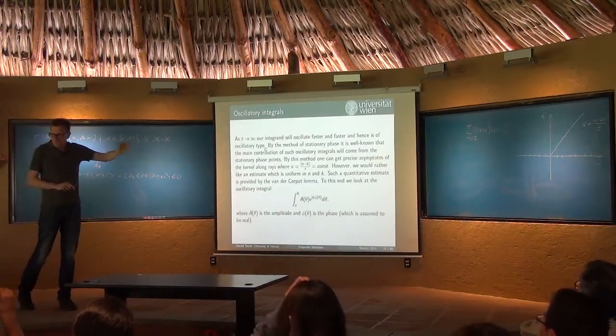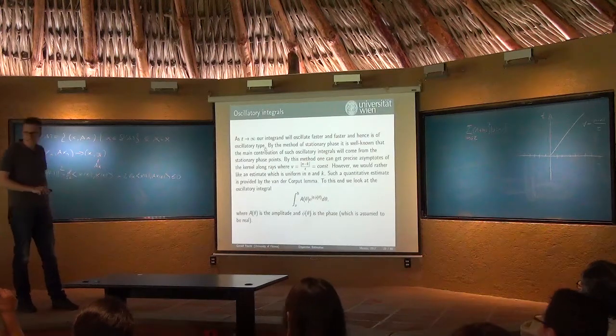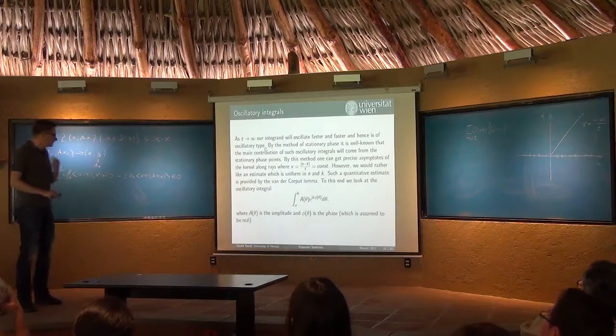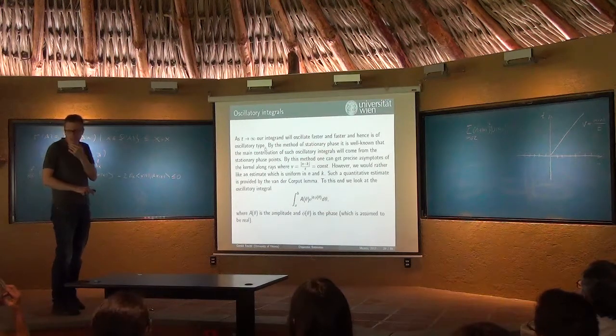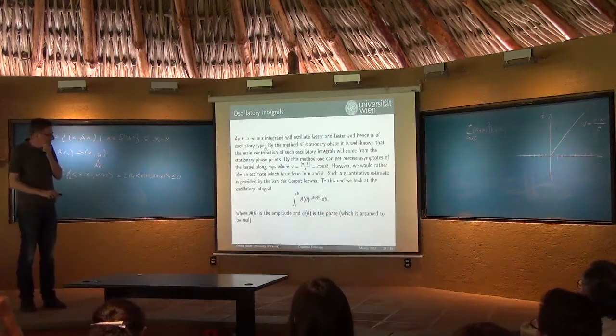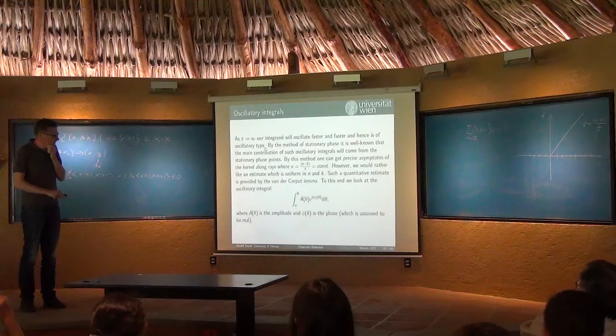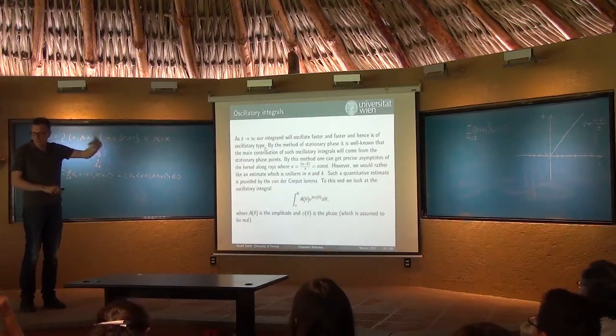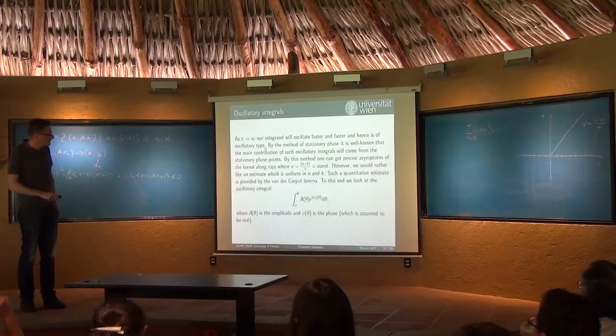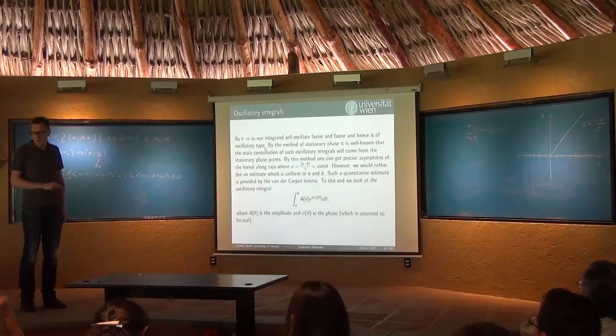Riemann-Lebesgue tells us this should go to 0 if a is a continuous function, but we want to get more out of this. And of course, maybe also remind you that if you do integration by parts, then depending on how many times you can differentiate here, you just get 1 over t squared, and so on, except when the derivative of phi is equal to 0.